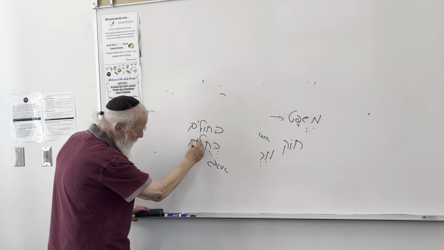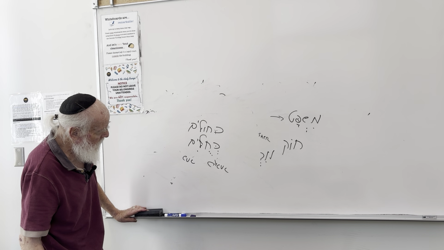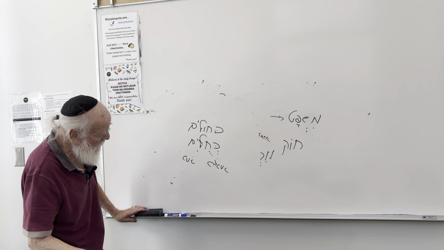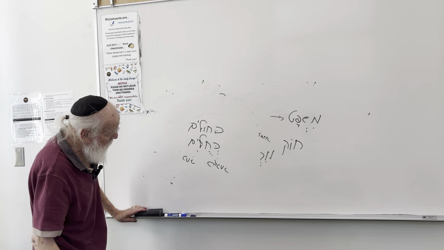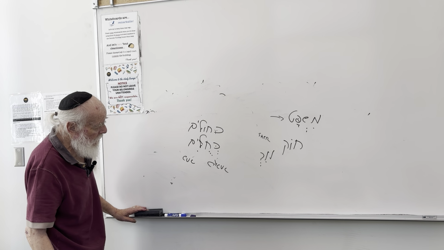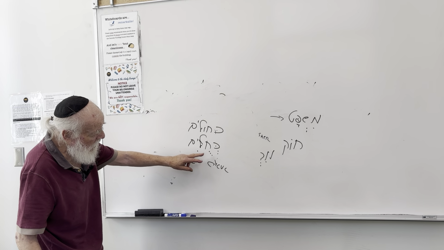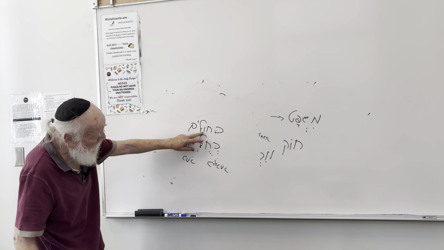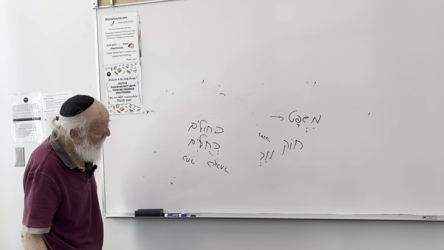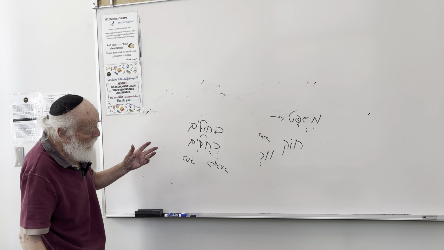When a letter has a dot in it, how much more so if it's not a begadkefat letter, the dot will always be a dagesh chazak. And the accent is on the last syllable. Long vowel closed is accented. Without vowels, that oo is written with a vav. Without vowels, how do I know the word? I don't.